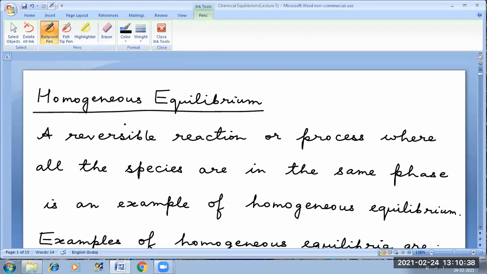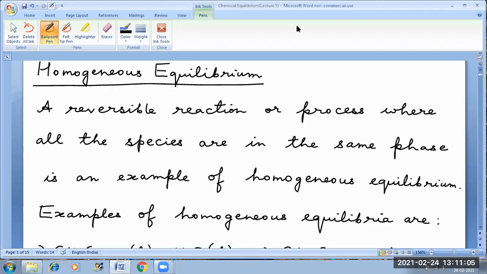Okay, so the next topic is homogeneous equilibrium. What is homogeneous equilibrium? From the name itself, we can understand homogeneous, all should be in the same phase.